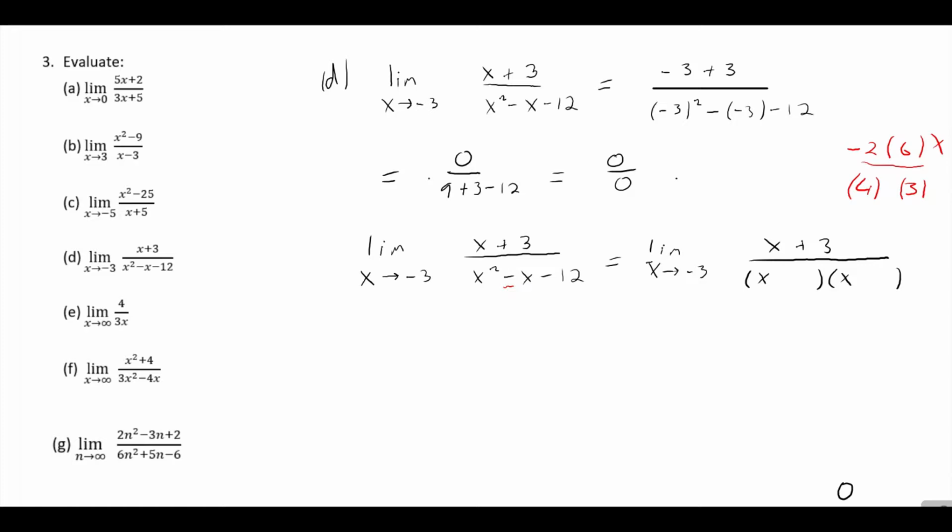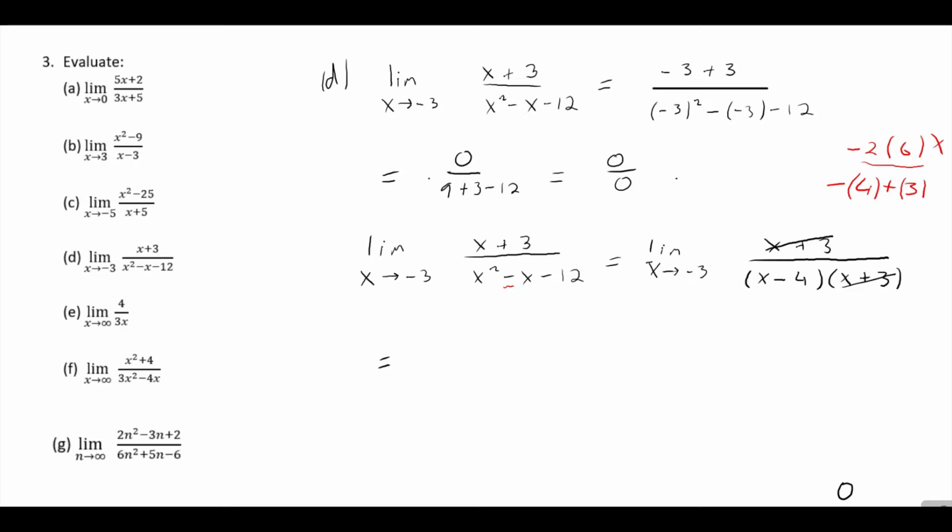So yes, there is. If you did plus 3 and minus 4, you would end up getting minus 1, and plus 3 times minus 4 multiply together to get minus 12. So what you're going to end up getting is x minus 4 and then x plus 3, and you can see that's going to allow us to cancel this one out and this one out. We're still left with our limit.